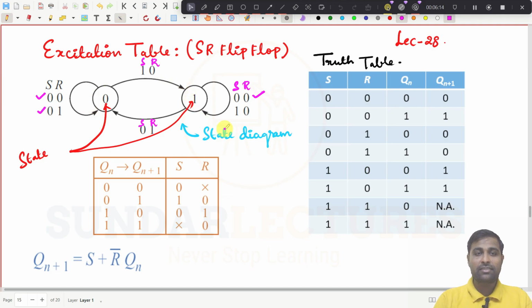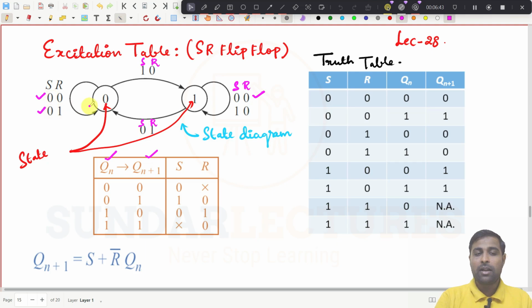And from this state diagram, we have derived this one now. For example, if this is the present state, Qn+1 is the next state, right? So if the present state is 0 and the next state is also 0, then what should be the value of S and R? That is the idea. See here, S must be 0, right?